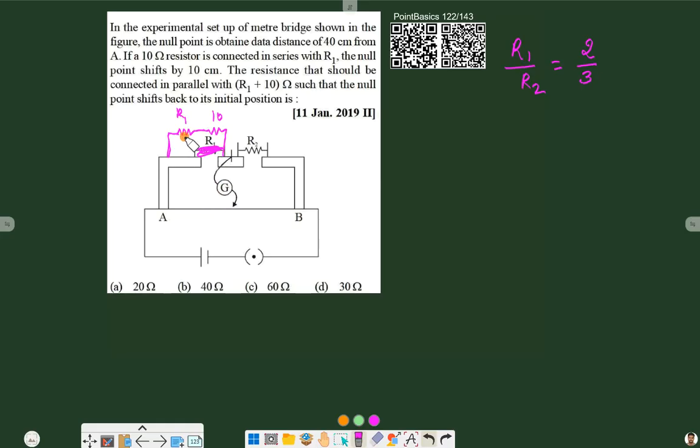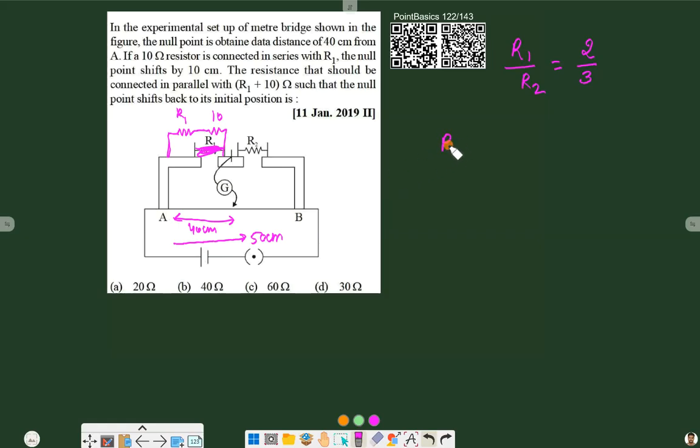As we know, the resistance on the left side is increased, so the balance point should go towards the right side. So the initial balance point was 40 centimeter and it shifts by 10 centimeter, so it becomes 50 centimeter now.